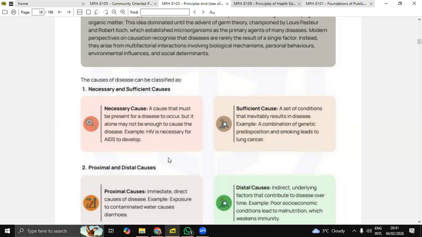So Mycobacterium tuberculosis in this case is what we refer to as a necessary cause. That oga, it has to be there for this thing to happen. But if that oga is there and other people have not come, the meeting will still not start.